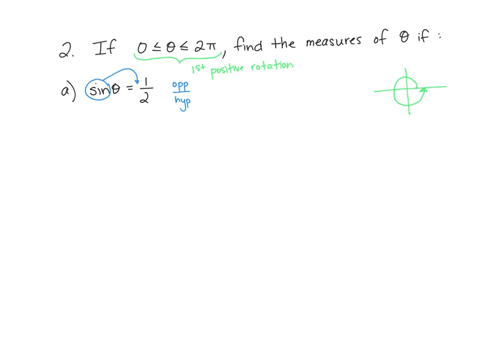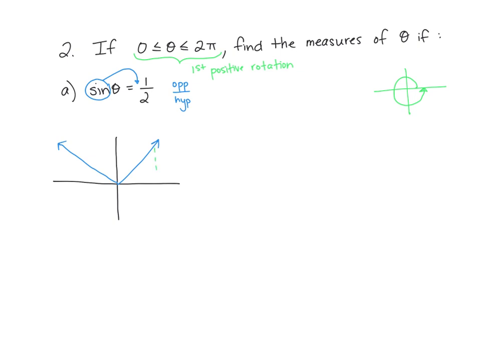So what this is saying is, where is our vertical side positive? Well, that should be when it's up, right? So our vertical side is positive when we have positive y values. Okay, so our vertical side is positive when it's up.